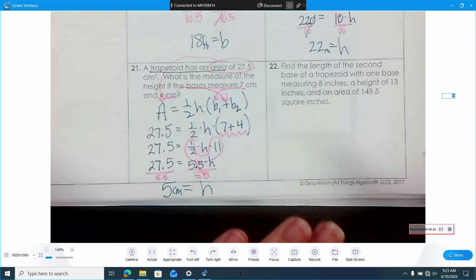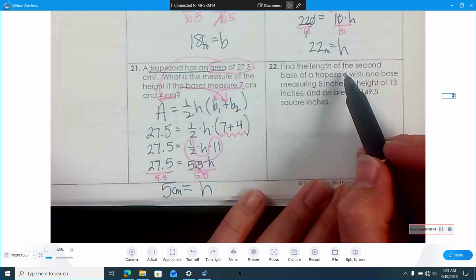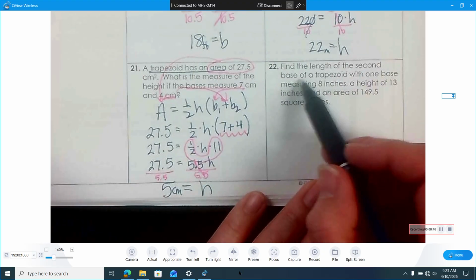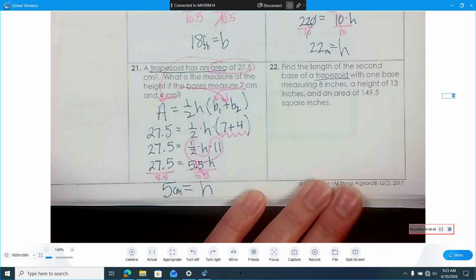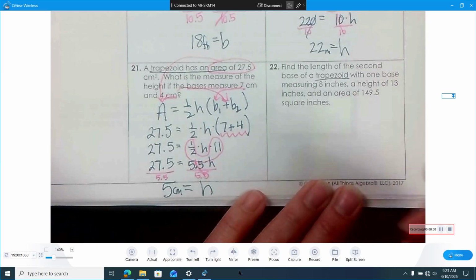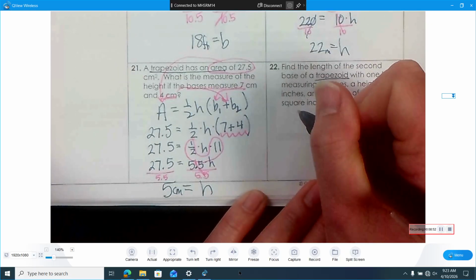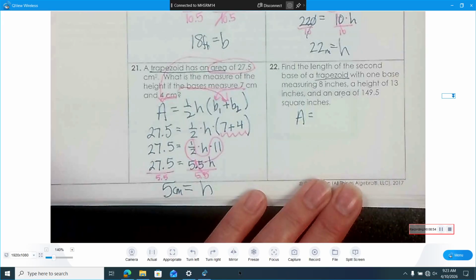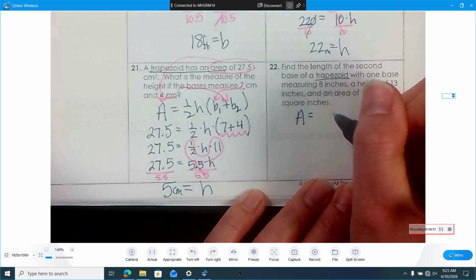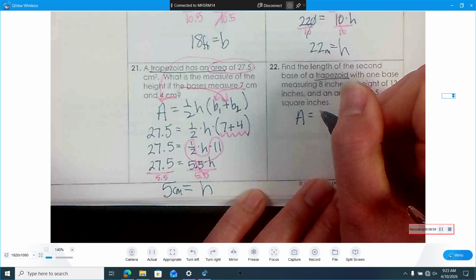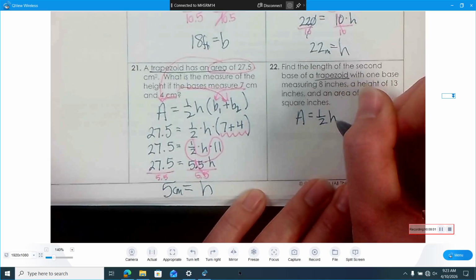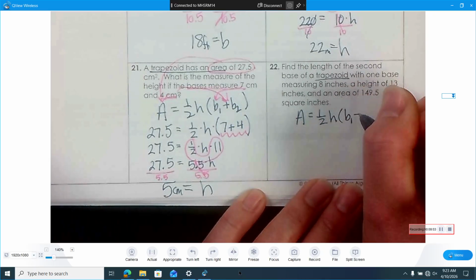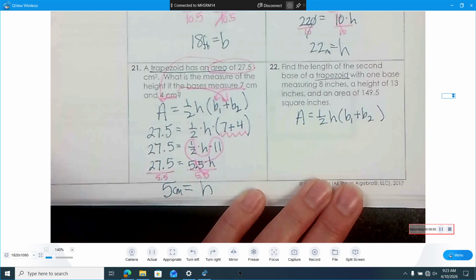Okay, 22. Find the length of the second base of a trapezoid that has an area. So again, we want the formula for a trapezoid. What's the formula for the area of a trapezoid? 1/2 height times base 1 plus base 2. Again, these are good formulas to memorize.